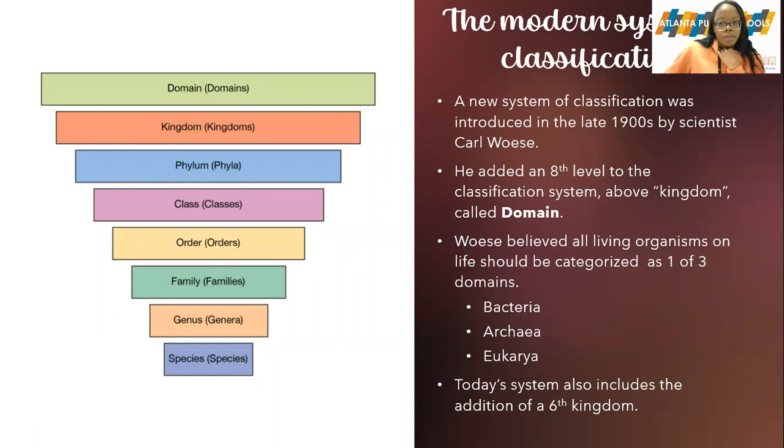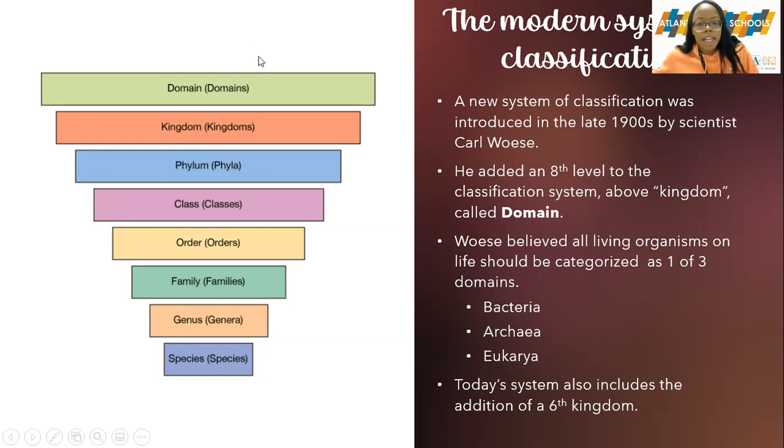So Carl Woese introduced what he believed to be his version of the classification system. And on that, we can see that there is now another level added to the overall hierarchy. So instead of it just being kingdom, phylum, class, order, family, genus, and species, Woese went ahead and added in the highest level that we see here on this picture, which is domains.